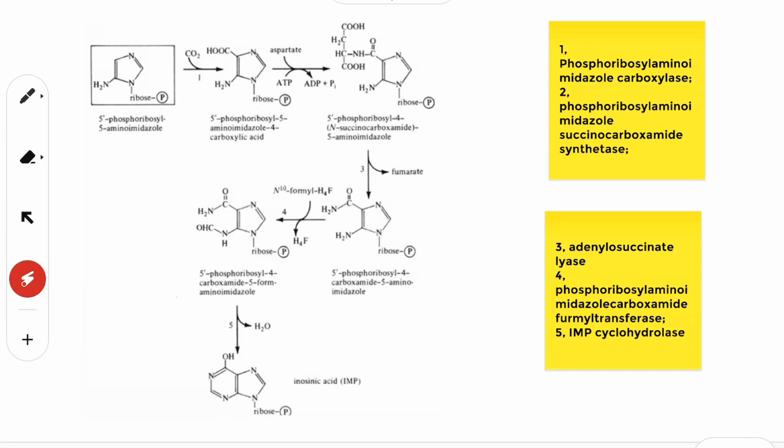This IMP can be used for biosynthesis of other nucleotides like AMP and GMP. The synthesis of IMP is catalyzed by IMP cyclohydrolase.